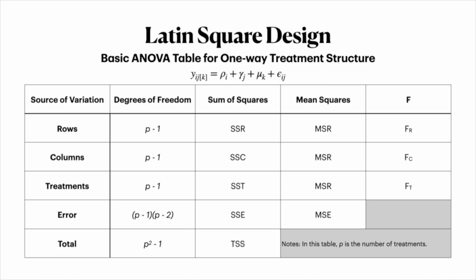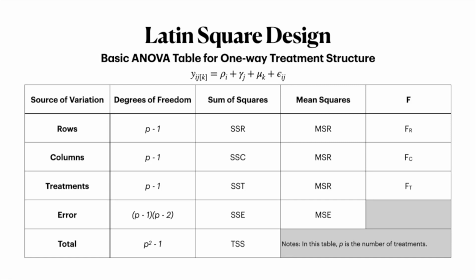Now, notice again that I have the means model representation of the statistical model. The first row in the ANOVA table is the source of variation for the rows in the Latin square, and that corresponds to the row sub i in the model.